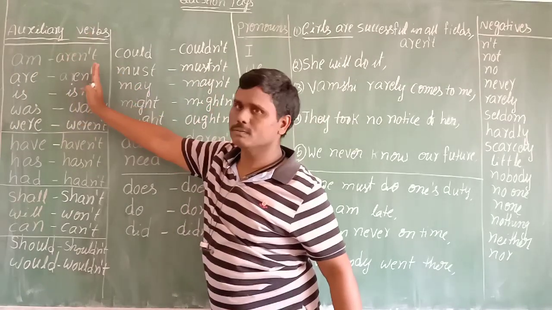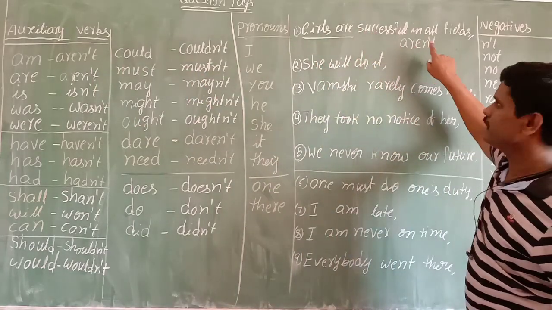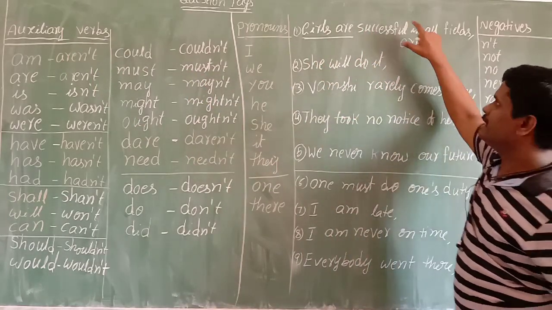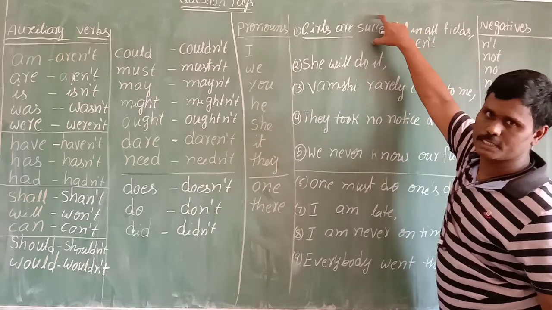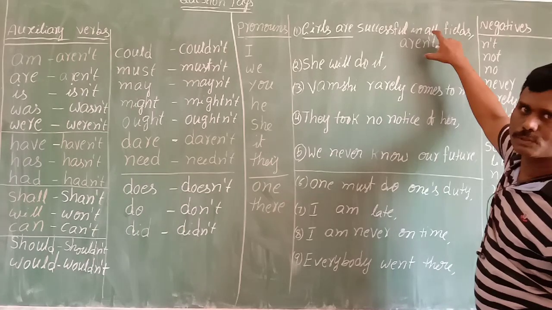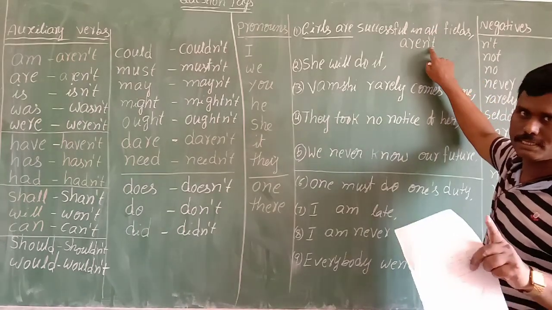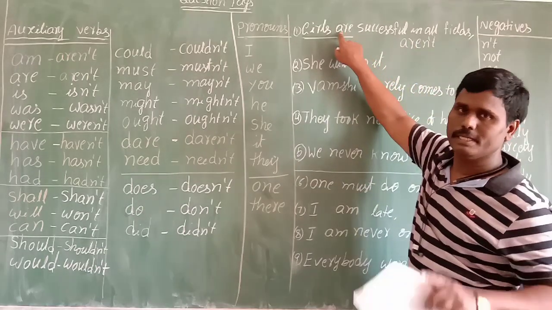These are helping verbs with contraction. There is no negative word, so here you write negative because this sentence is positive. The sentence is positive, so the question tag we have to write negative. So aren't. Clear, friends?